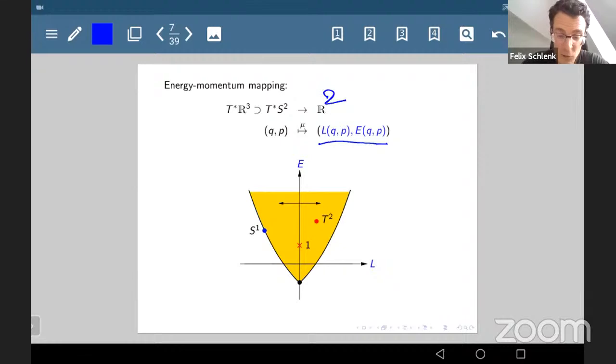And now you would like to understand what the image is and to understand the fibers of this map mu. I call it mu because it's really like a moment map, but it's also not quite a moment map.